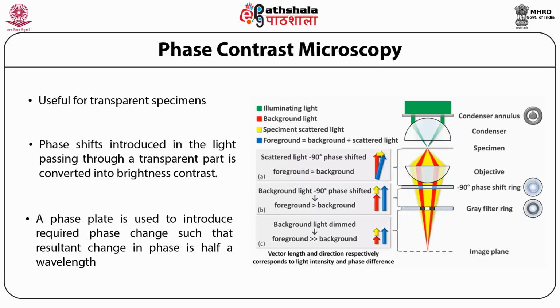You have a gray filter which filters the phase shifted light from the rest of the light scattered from the sample, and then you image the sample onto the image plane or screen. And here again you don't need to scan the whole sample. You actually get the image of the sample in a single shot.